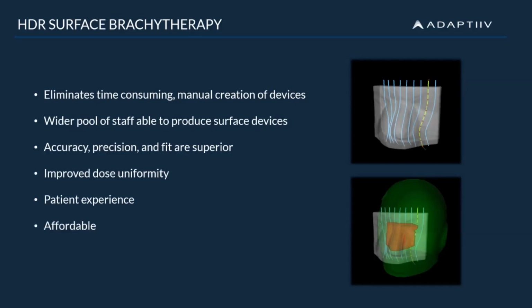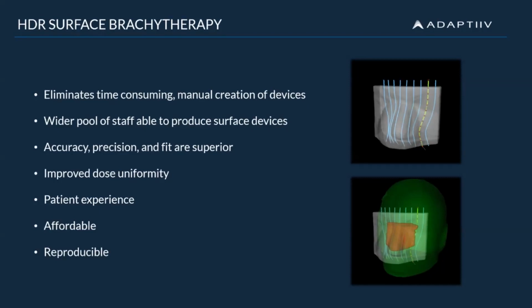The 3D printed applicators that we design, or that you can design in our software, are produced at a fraction of the cost of traditional applicators, such as the Freiburg flap, which I'm sure all of you have either used or know of, and they can be quite costly. They're quite fragile too, so you can reduce any risk or vulnerability with manually fabricated applicators that take a lot of time to produce.